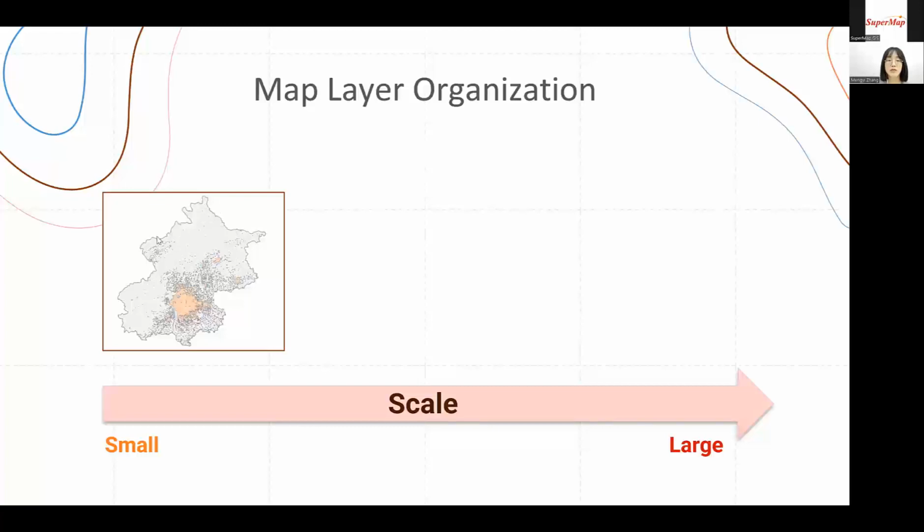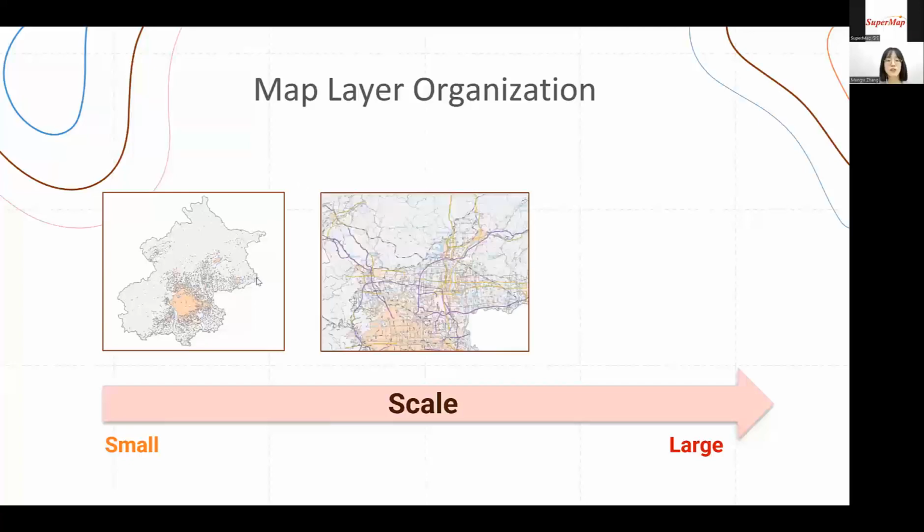So we only show the boundaries of the study area, and then we overlay the residential polygons on it. So it's very clear. And then as we zoom in on this map, we can give our readers more information, like the railroad, the roads, and also rivers.